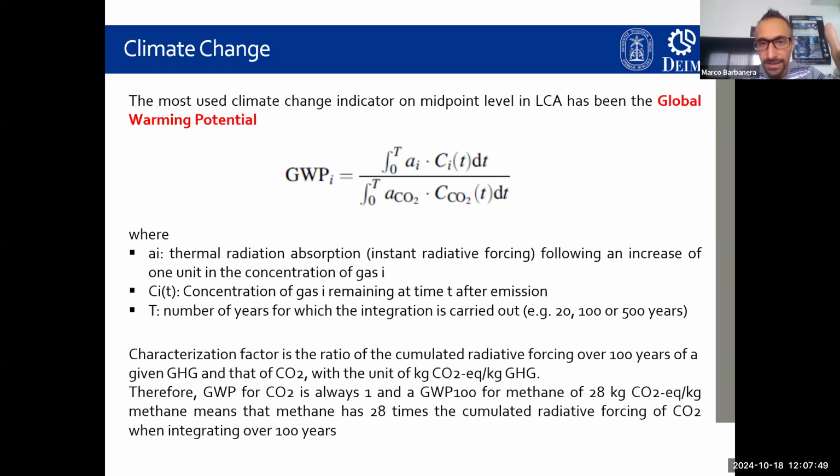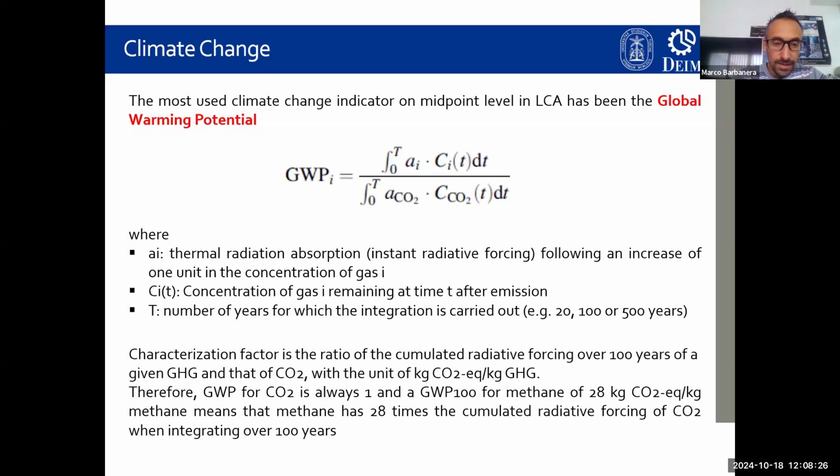The meaning of equivalent is that we compare each greenhouse gas to the effect of CO2 on the disturbance of the radiative balance in the atmosphere. For this reason, each characterization factor is expressed as kilograms of CO2 equivalent divided by kilograms of the compound, the greenhouse gas.